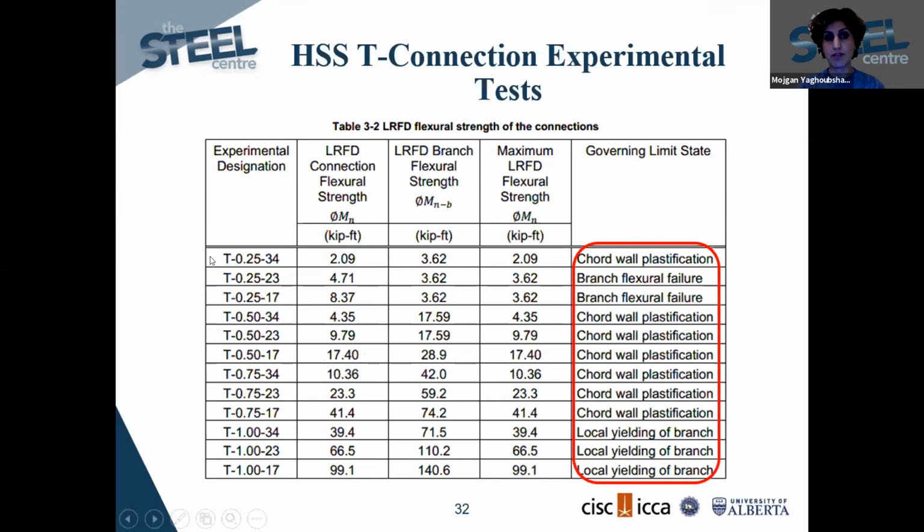For example, for the first connection, with beta 0.25 and 2 gamma 34, the governing mode of failure for connection design was chord wall plastification. All these modes of failure were identified for all 12 connections.